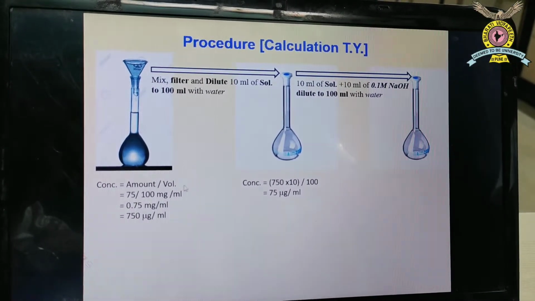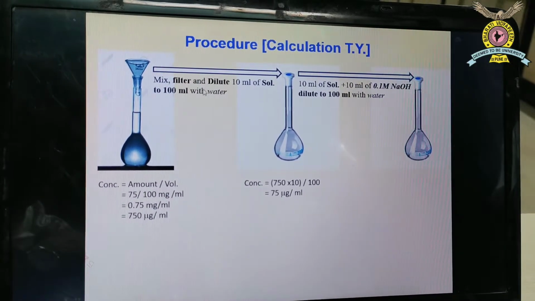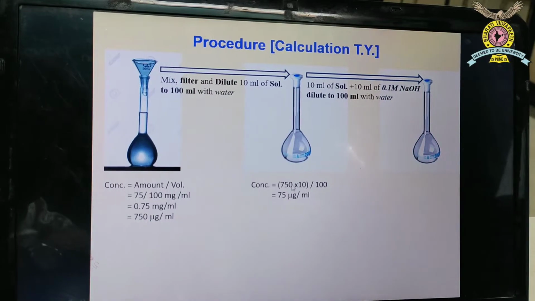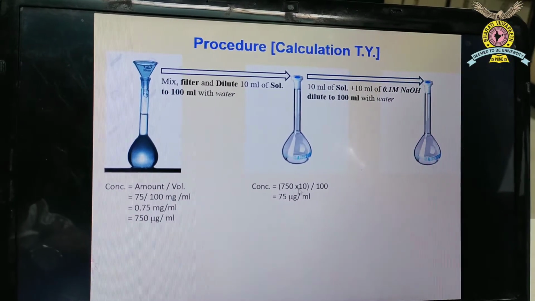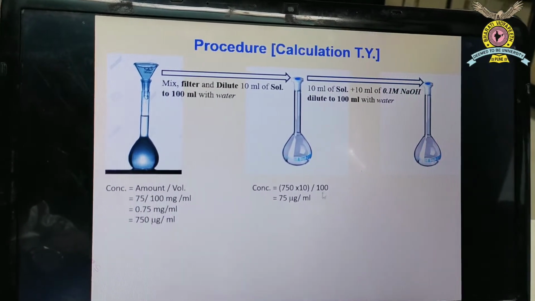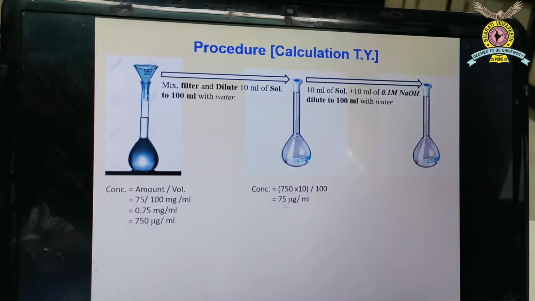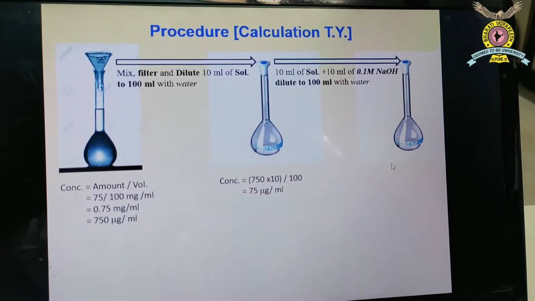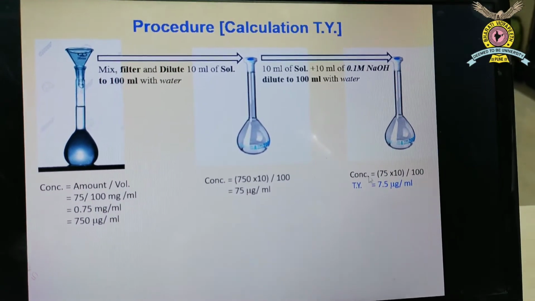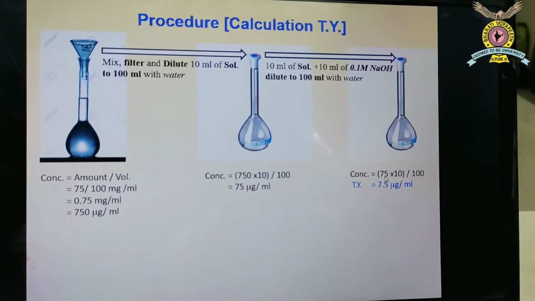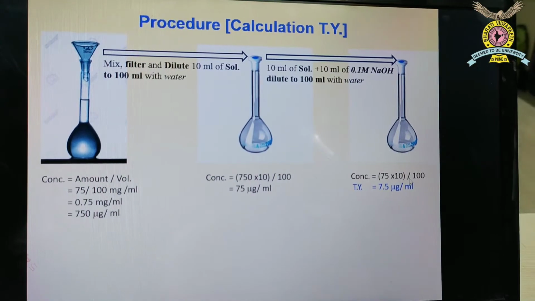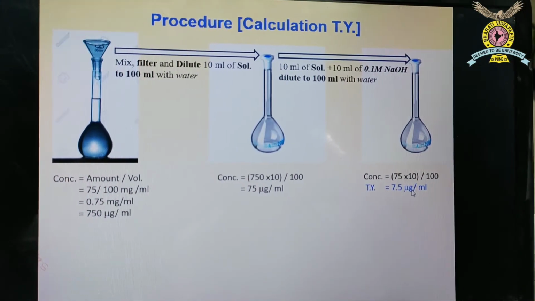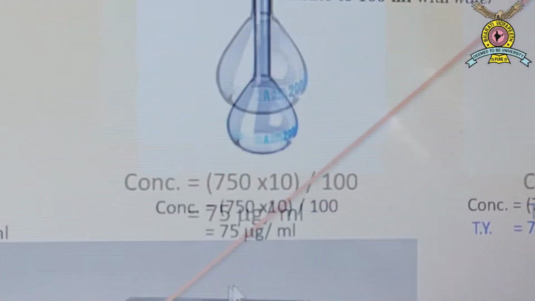So amount is 750 multiplied by 10 because we have taken 10 ml. Okay, so that is the amount, and volume is 100. So it will be calculated as 75 microgram per ml. And in the third solution, again concentration is 75 multiplied by 10 and divided by 100. So it will be 7.5 microgram per ml.